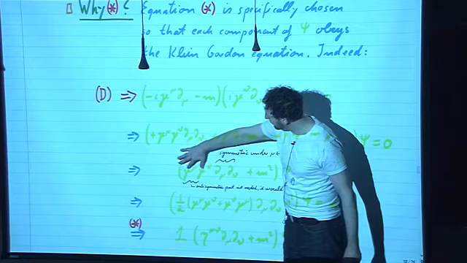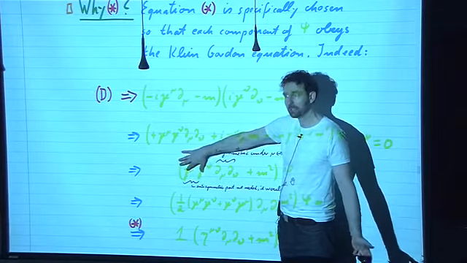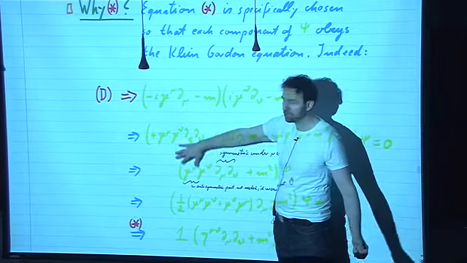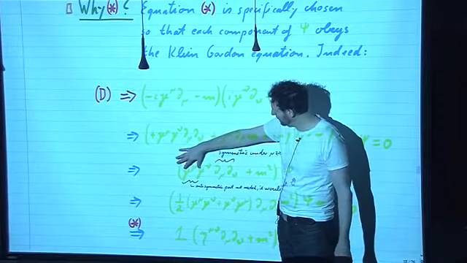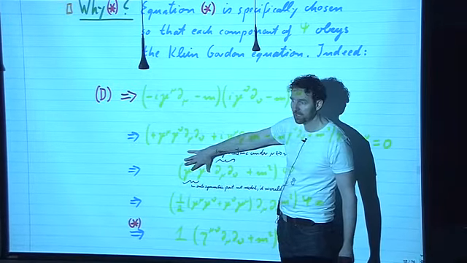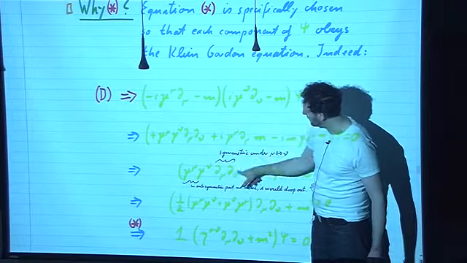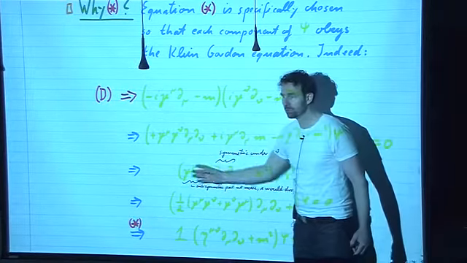Now, the product of those 2 has a symmetric and an antisymmetric part. Every matrix can be decomposed into a symmetric and antisymmetric part. The antisymmetric part doesn't matter, because this part is symmetric. You contract them, so it would go away.